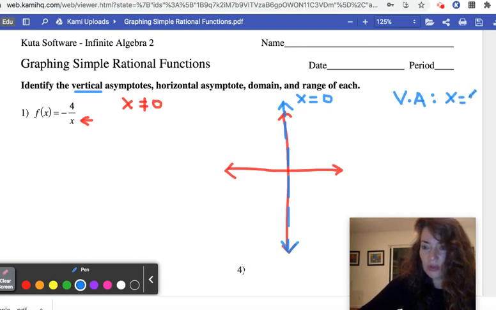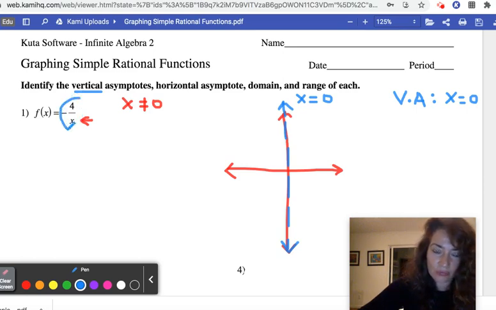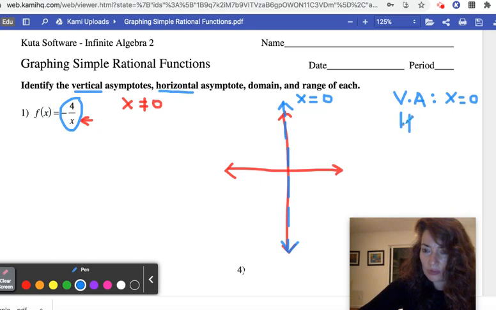Now, if you look at the equation, if x will never be 0, then the only number I could input here is any number but 0. So this whole fraction right here, negative 4 over x, which is what y equals, our output, will also never equal 0. So therefore, we have a horizontal asymptote at y equals 0.